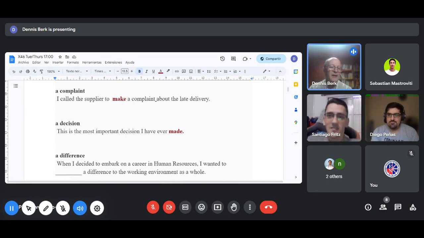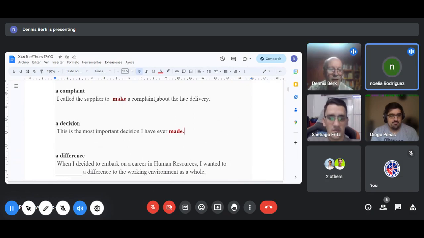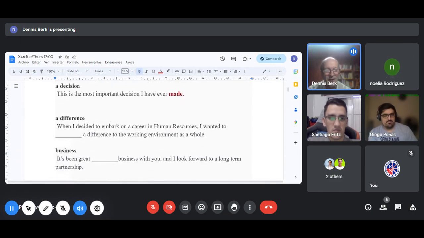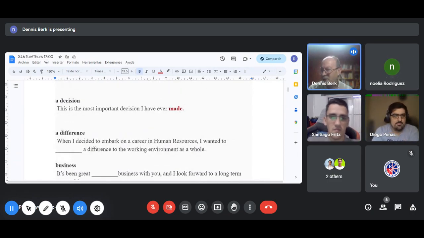The decision of moving in together with your partner, or who you're going to marry, or what career. Noelia? The decision to become a mother. Very good. Let's move on.